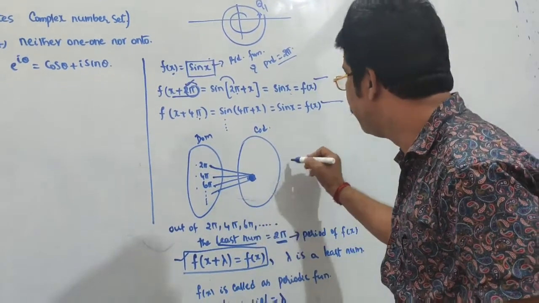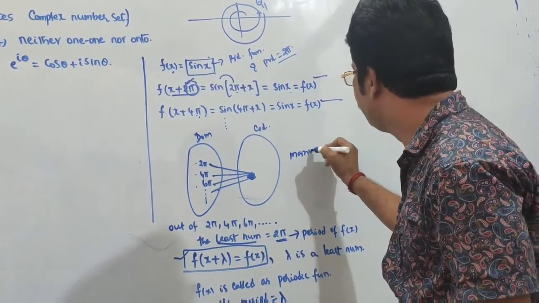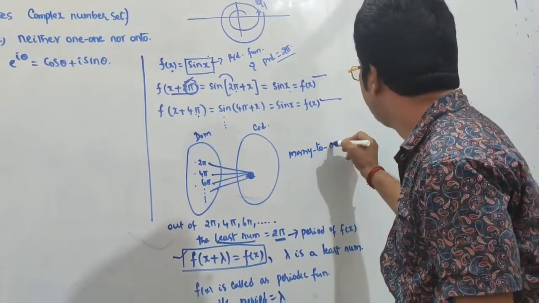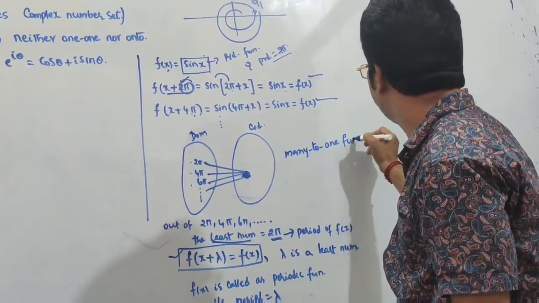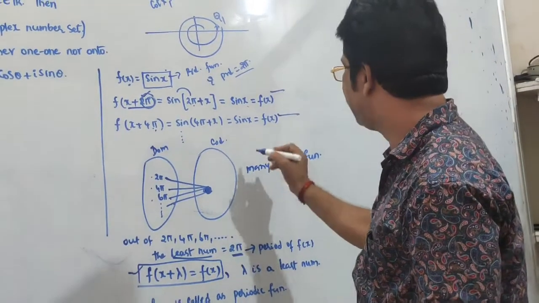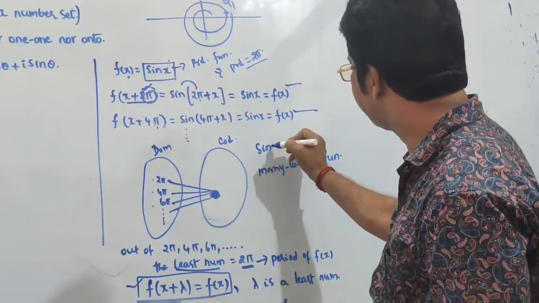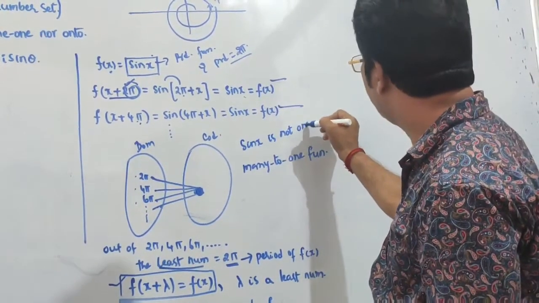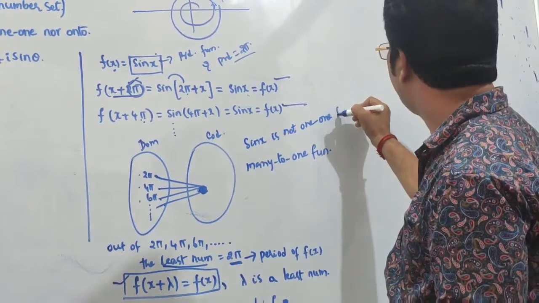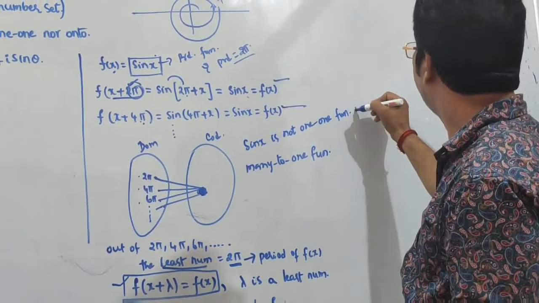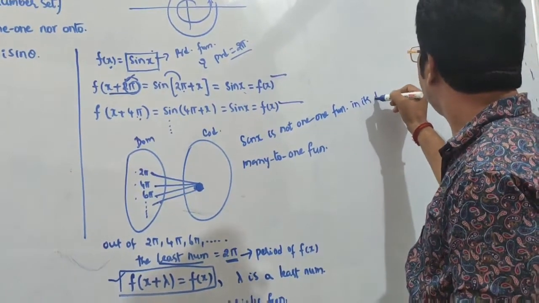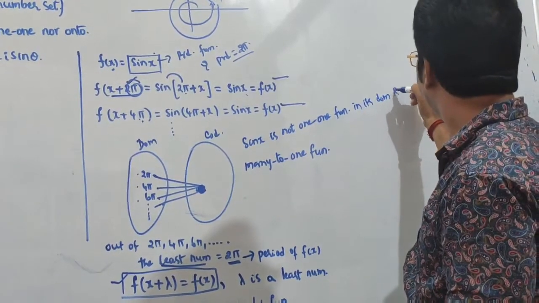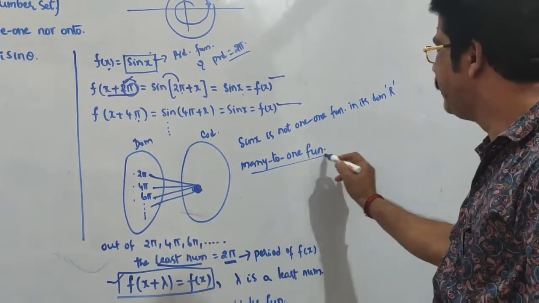So it is a many to one function. Therefore, sin x is not a one-one function in its domain R. So it is a many to one function.